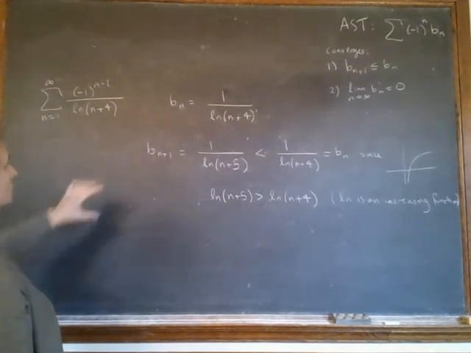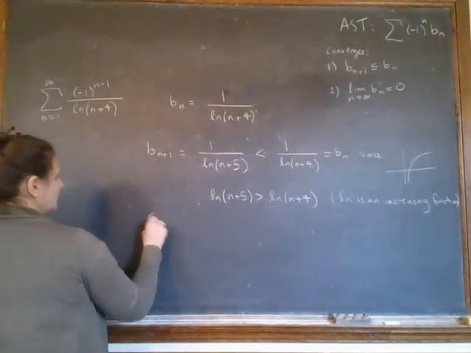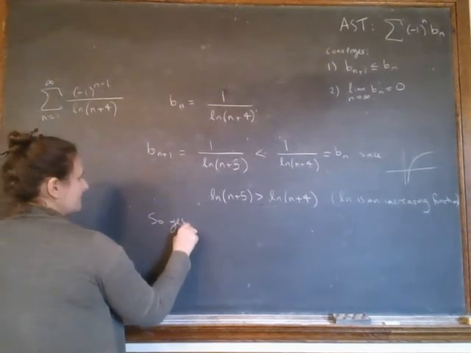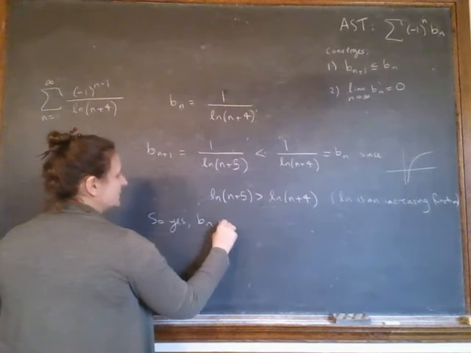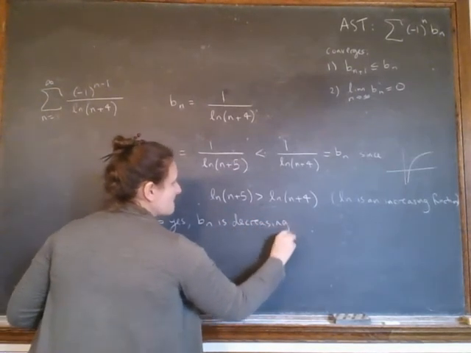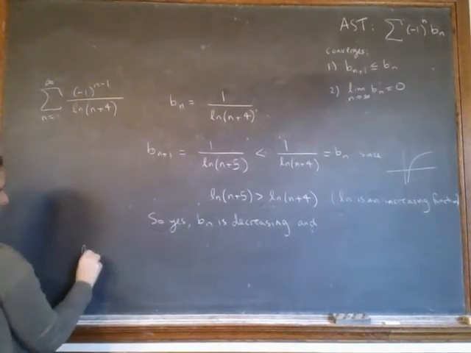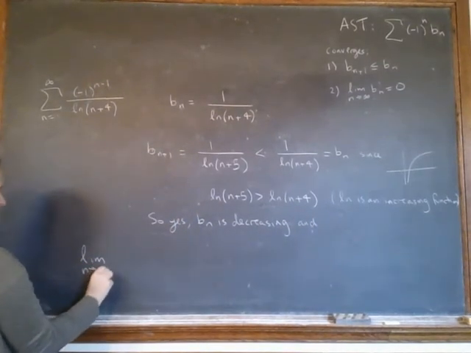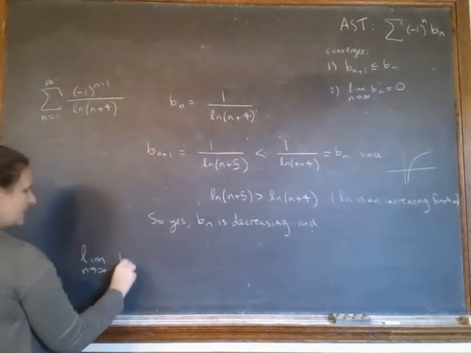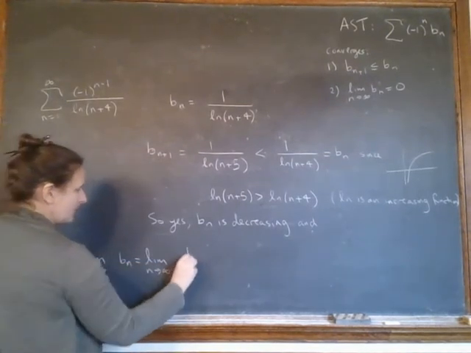Again, so we did this, yes? So yes, b_n is decreasing. And the limit as n goes to infinity of b_n, which would be this limit, right?